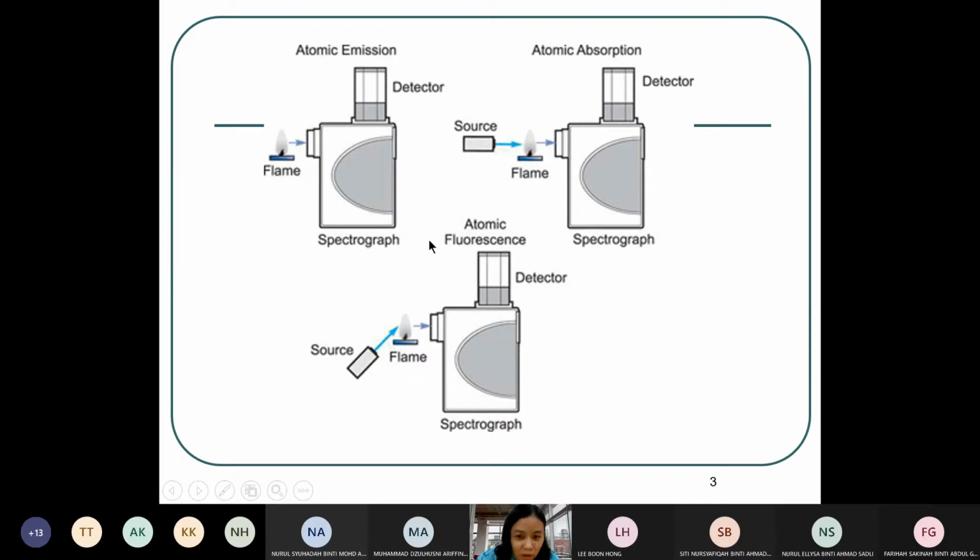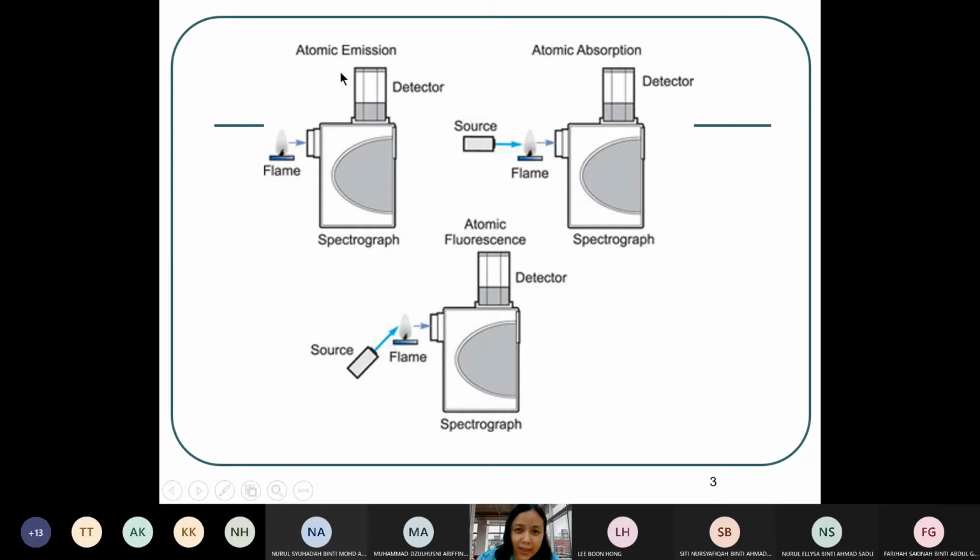But not all the elements in the periodic table can be detected by all these three techniques. So maybe AAS is suitable for a certain group of elements. For AES and AFS, not all the elements in our periodic table can be detected by these atomic spectroscopic techniques.